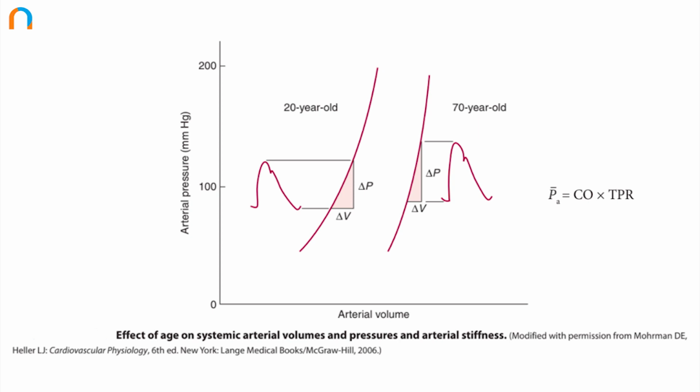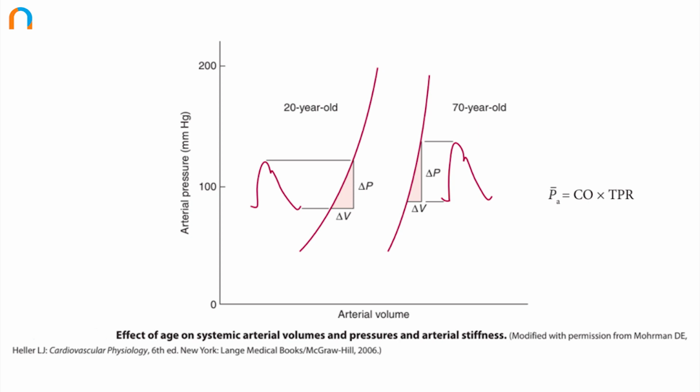Pulse pressure tends to increase with age in adults because of a decrease in arterial compliance, an increase in arterial stiffness, also referred to as hardening of the arteries or arteriosclerosis. This differs from atherosclerosis, which involves deposition of fat in the vessel wall.